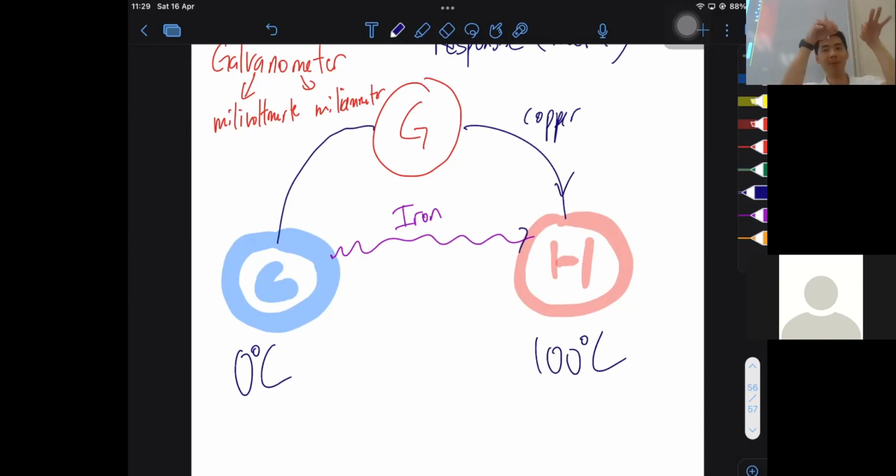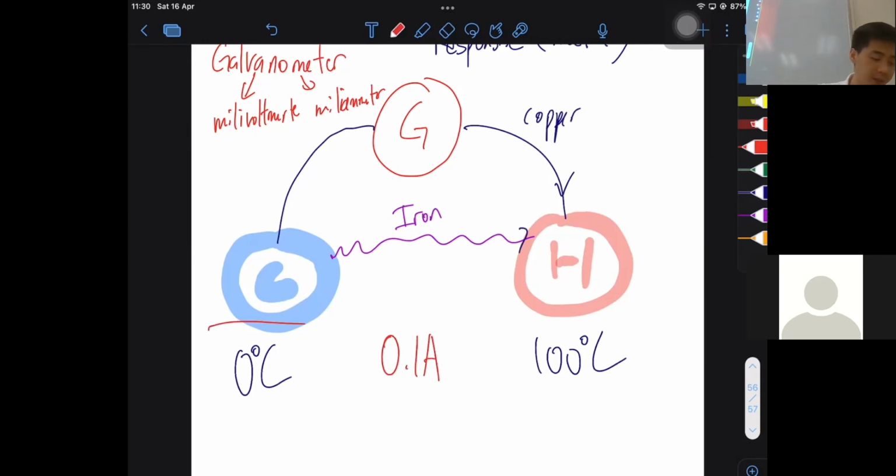So you can anytime lift it up and put it into another cold junction or a different hot junction. But for the sake of understanding right now, in terms of calibration, let's say we placed it in 0 degrees Celsius and 100 degrees Celsius. As soon as we place these two things into the two different temperatures, this galvanometer is going to give me a reading. Let's say this galvanometer gives me a reading of 0.1 amperes.